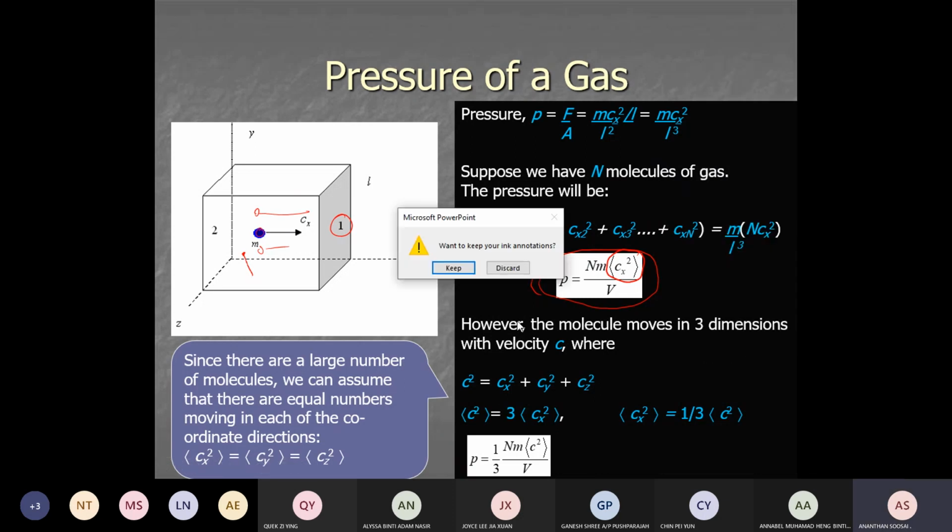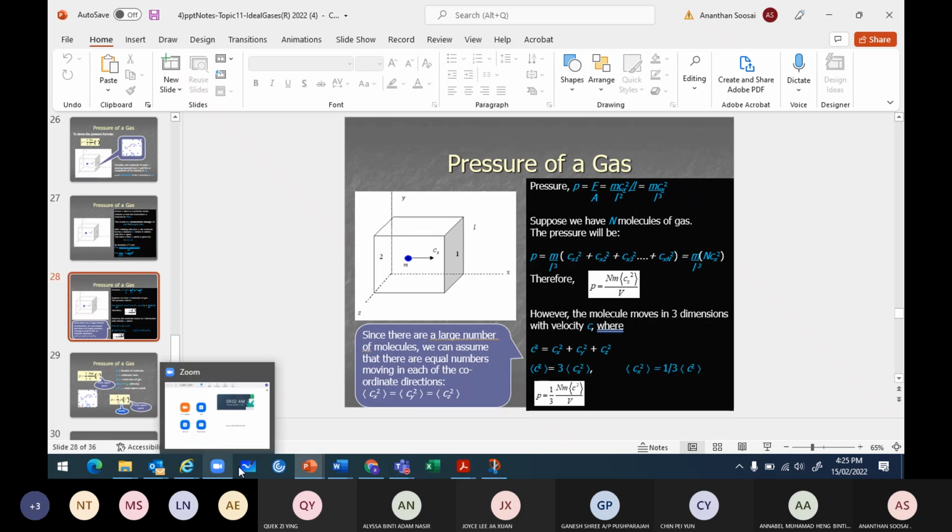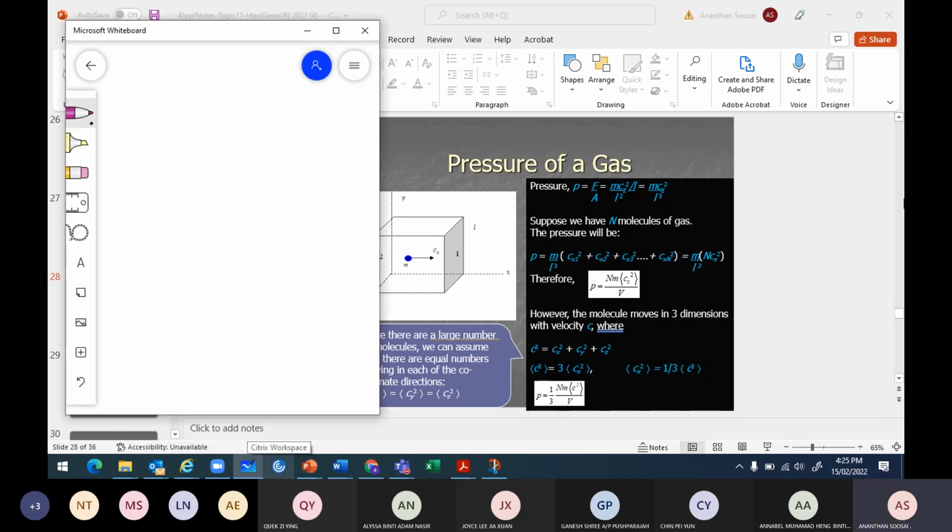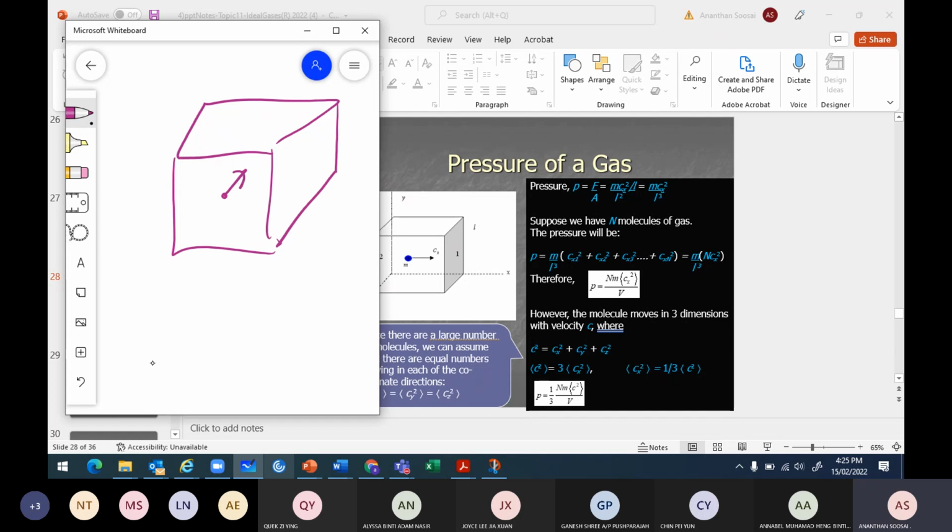For example, this is the box. The particle moves randomly, like 3D into the page. If this is the speed c, it has its horizontal component cx and its vertical component.